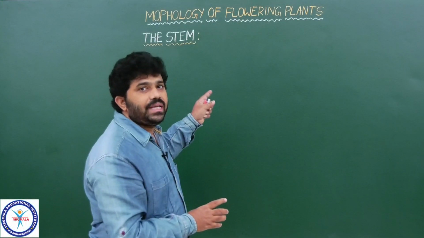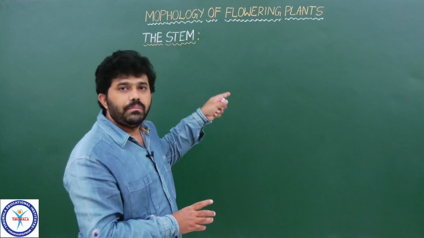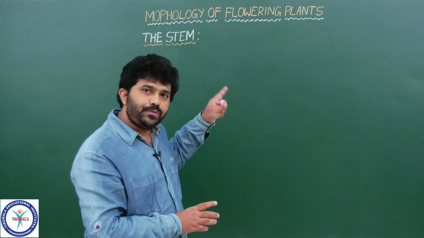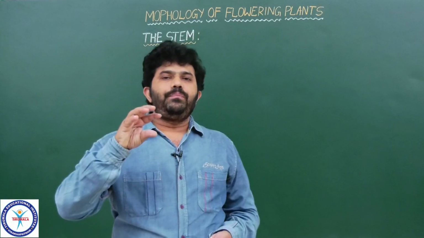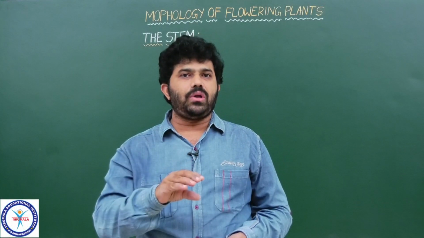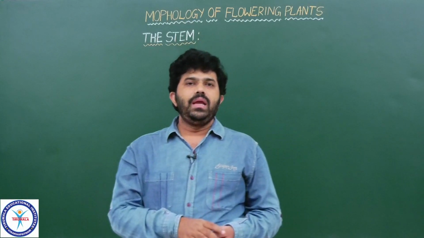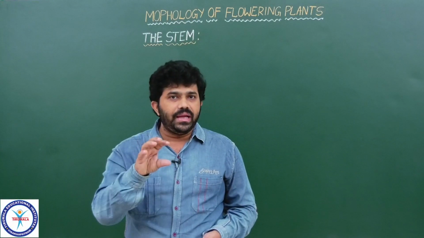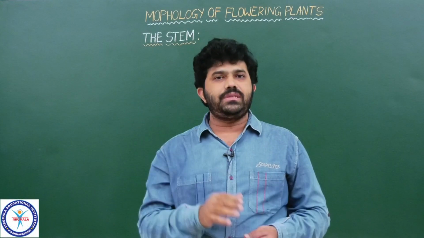So the stem is a basic aerial part of the plant which bears branches, leaves, flowers, fruits. Now you got the point. So the stem is an ascending part of the plant axis which grows above the soil, above the ground, and which bears and supports branches, leaves, flowers, fruits, etc.